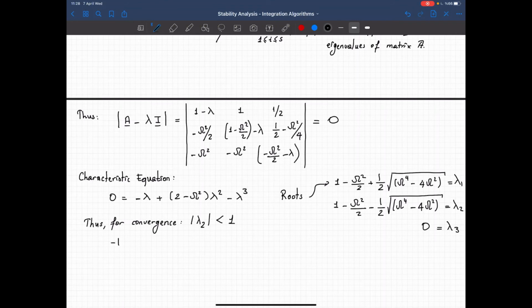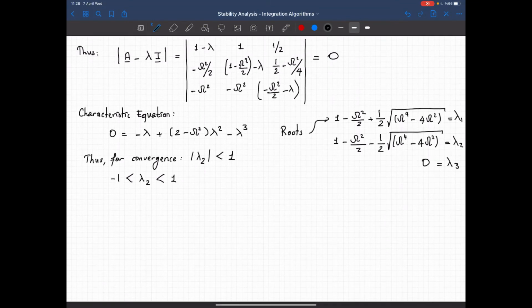So minus 1 smaller than lambda 2 smaller than 1, that is, minus 1 smaller than 1 minus omega squared over 2 minus 1 over 2 square root of omega to the power 4 minus 4 omega squared, smaller than 1. If you continue this operation, at the end of the day we get that 0 should be smaller than omega and it should be smaller than 2.